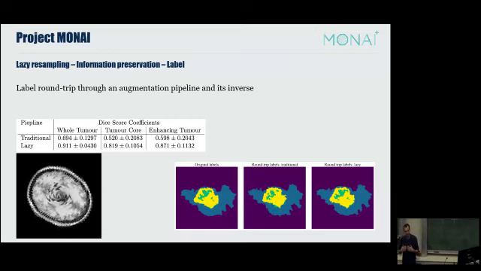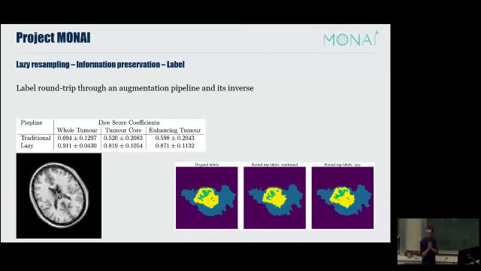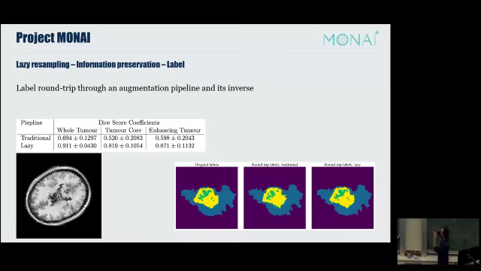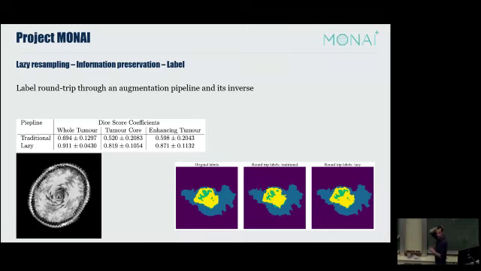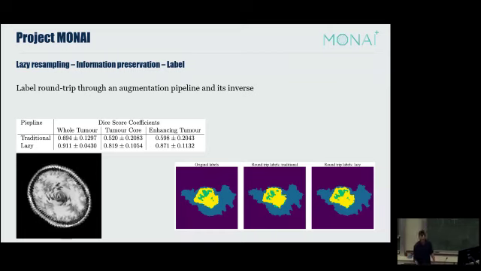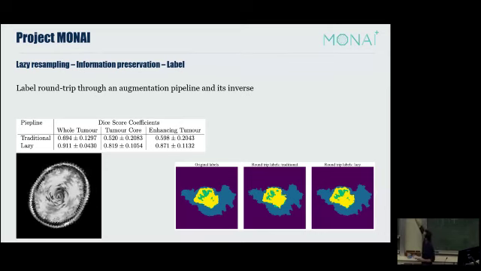But because of this resampling, I will create an offset. And this offset, we quantify it by the degree of overlap between the image and the same image doing a round trip. And we can see that with the same augmentation pipeline that was described in the previous slides, where we've got 4 or 5 steps, not too many of them, we've got a lot of information drop.